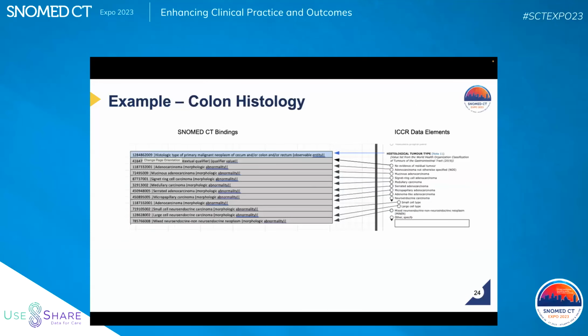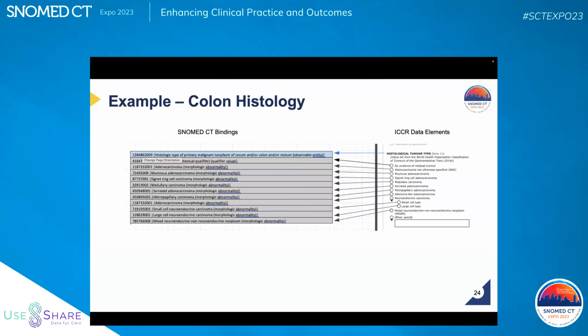Okay, so what did we ultimately do? Here's an example. Every data element and every synoptic report has been encoded. This is a blip from the histologic type of a colon neoplasm as represented in the ICCR format. On the right-hand side, you see the data elements, the bolded text, histological tumor type. Again, apologies for the misspelling of tumor there.